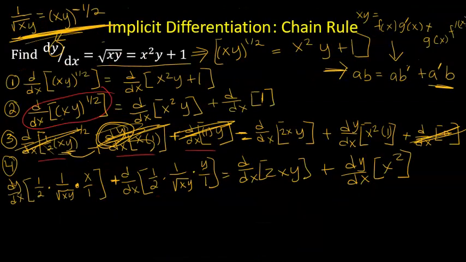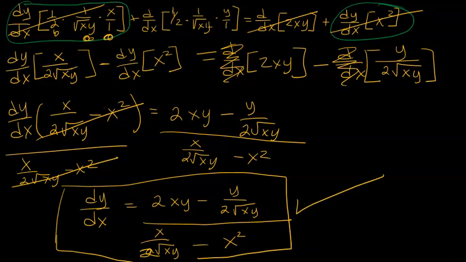So what we did is we gave every single term its own housing of d dx. Then I had to distribute stuff. I had to do the chain rule. I had to do outside function, inside function, and I had to decide what is considered dy dx. Then I just isolated all the dy dx on one side and everything that wasn't on the other side.